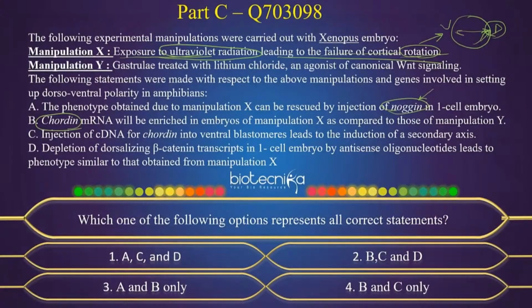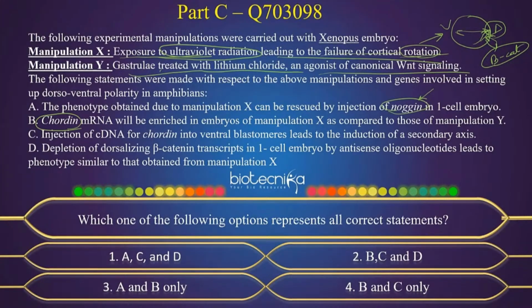Then manipulation Y, gastrulae are treated with lithium chloride. Lithium chloride is an agonist of canonical WNT signaling. A very important component of cortical rotation, as I said, is beta catenin. Beta catenin has to be accommodated towards the dorsal side so that the dorsalization can take place.